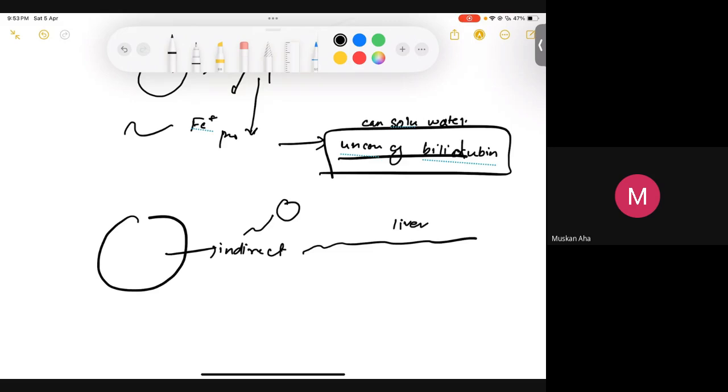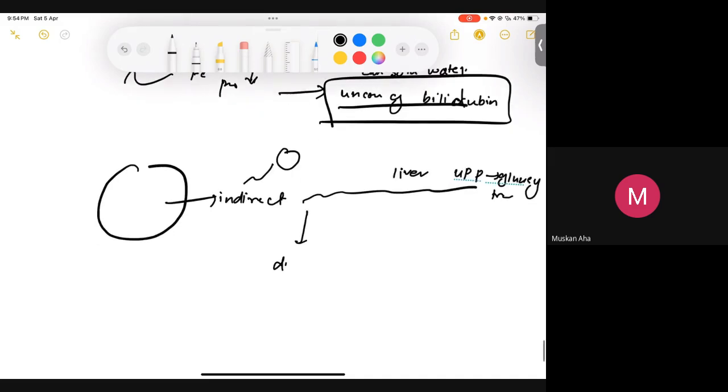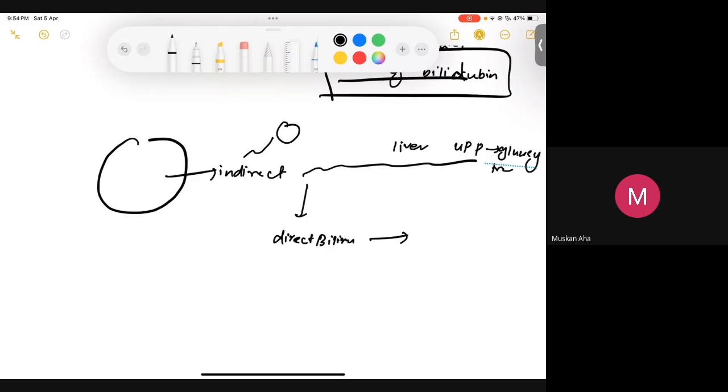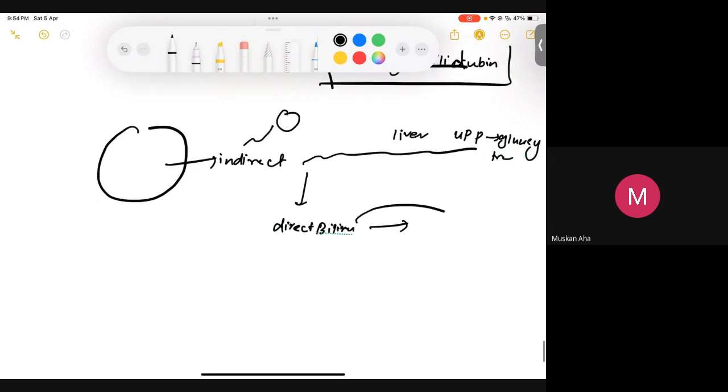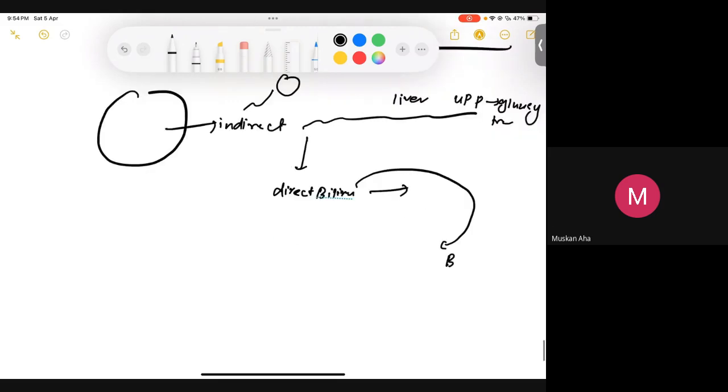Here we have an enzyme. What's the name of that? UDP glucuronosyltransferase. This enzyme is going to convert it into direct bilirubin, and direct bilirubin is water soluble. That bilirubin is going to be released into bile, as we discussed.